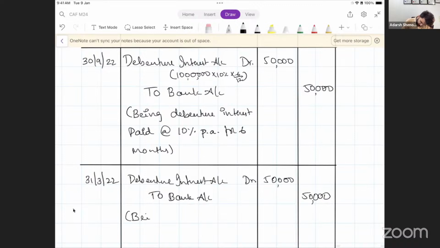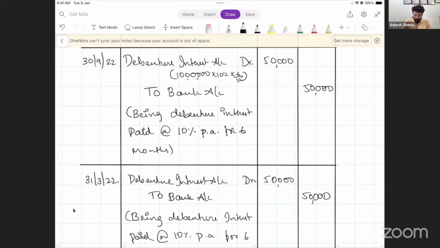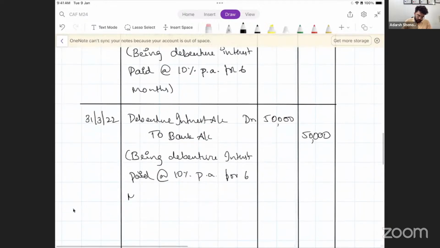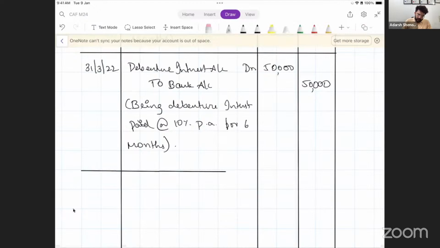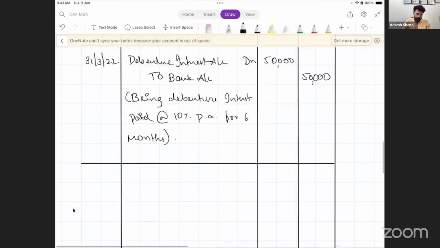Being debenture interest paid at 10% per annum for 6 months. Same narration. Done. Interest payment done. 2 times we have to pay the interest. I have paid it twice.